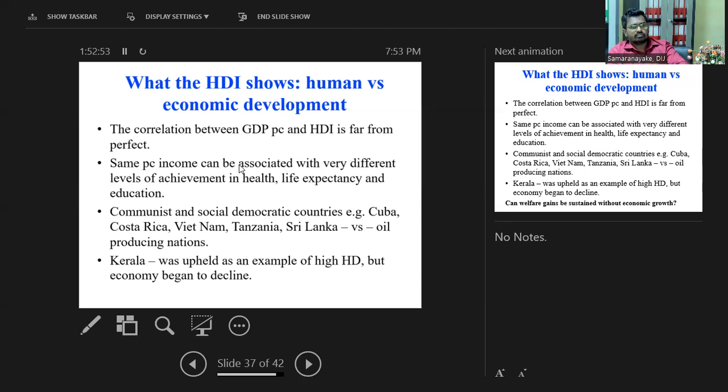Some countries, for example communist and social democratic countries, have a better social status. Even when it comes to ours, our HDI is very good. Sri Lanka has a good HDI in general, comparatively. You can compare this; you can search this data, right?